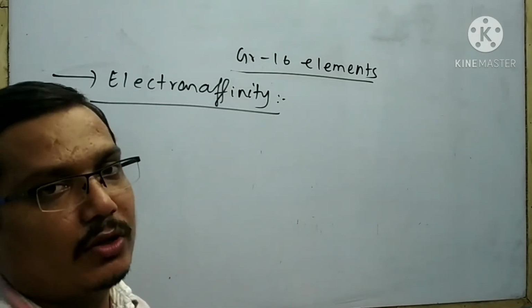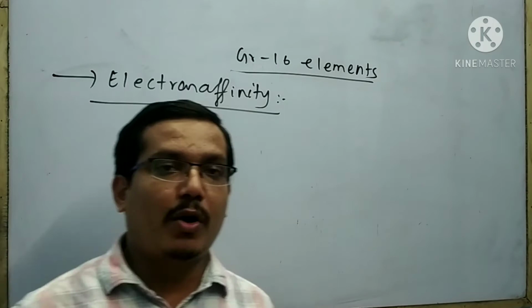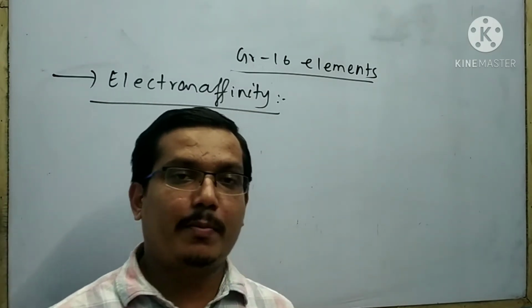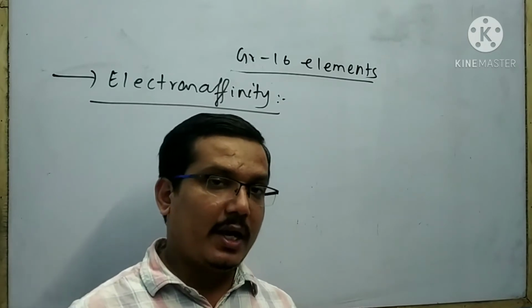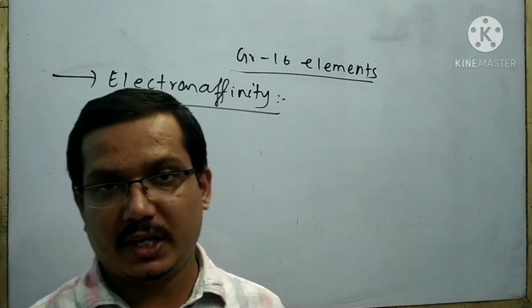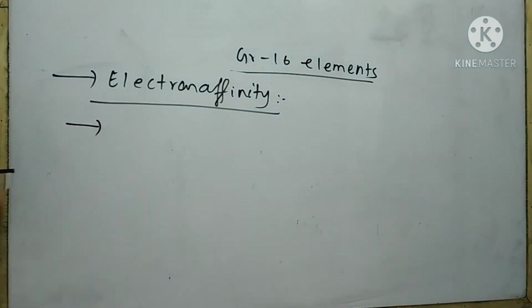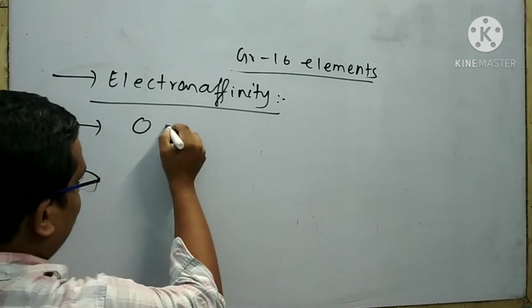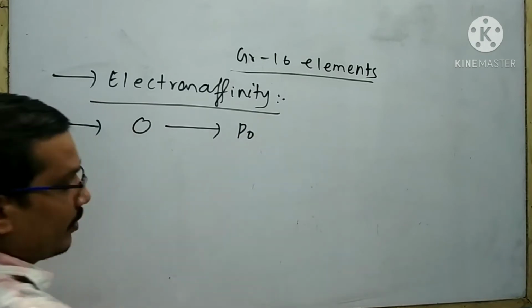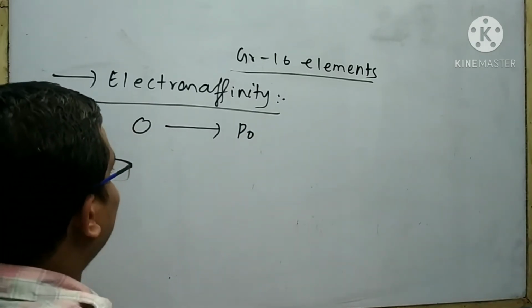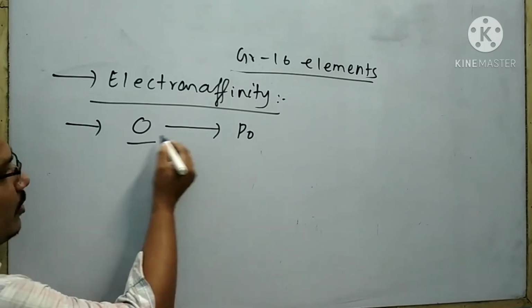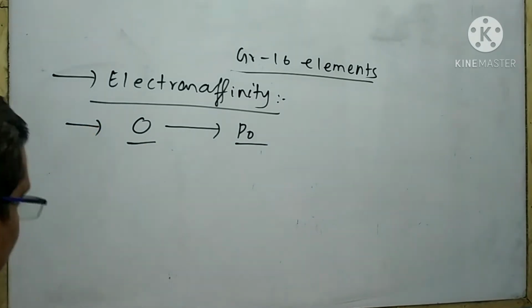This is also due to the small size of group 16 elements as compared to the corresponding elements of group 15. The electron affinity goes on decreasing from oxygen to polonium. This is due to the increase in atomic size from oxygen to polonium.